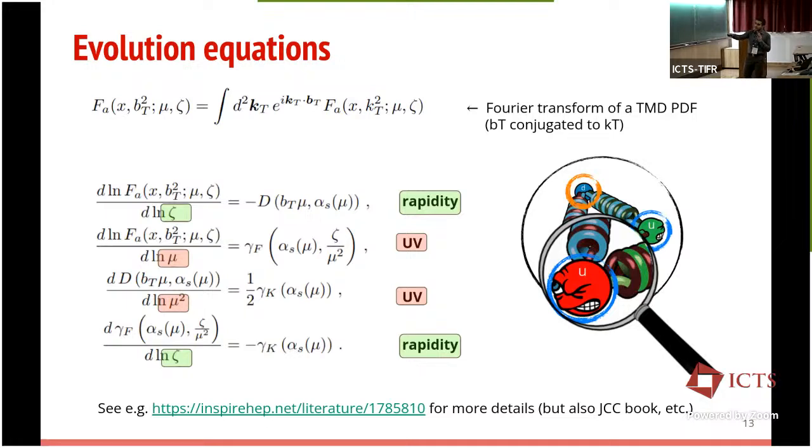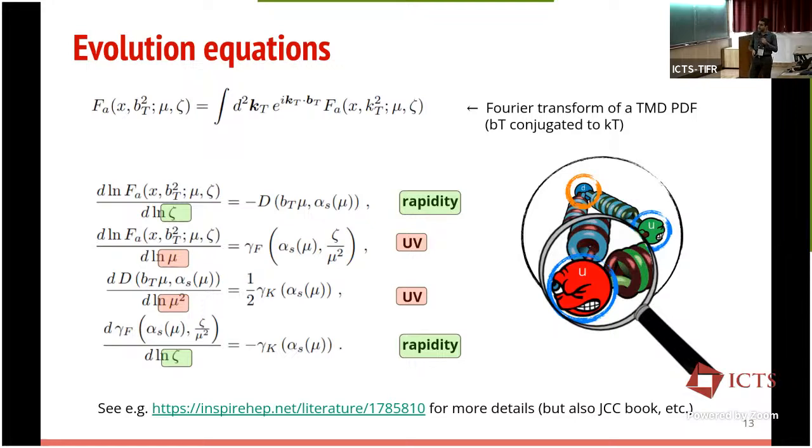F evolves with respect to zeta with this anomalous dimension, D. In the literature it is also called K, but everyone knows it as the Collins-Soper kernel. This anomalous dimension also evolves with respect to mu, and the gamma cusp is the anomalous dimension for its evolution. So the first and the third one are connected.